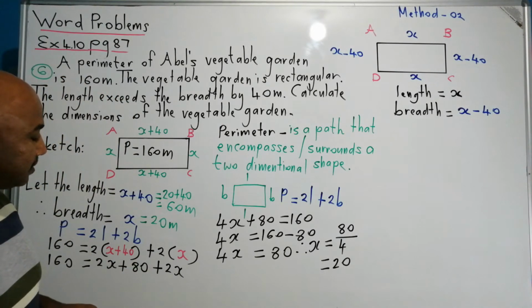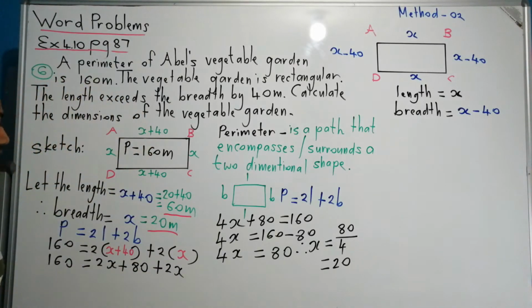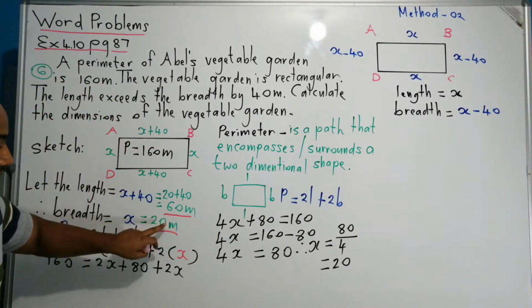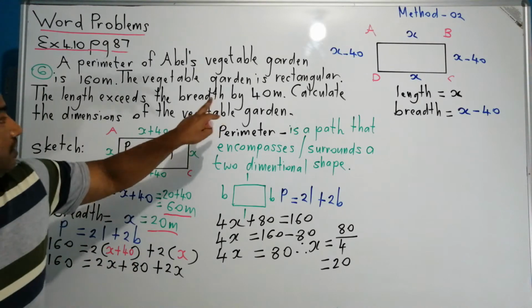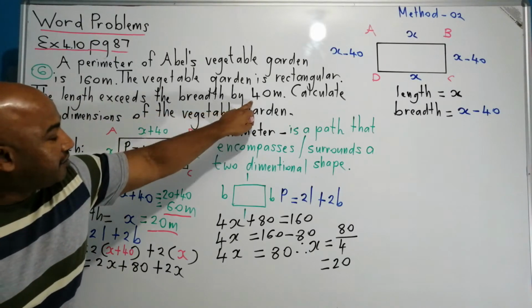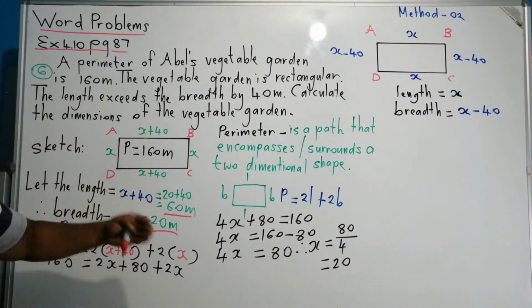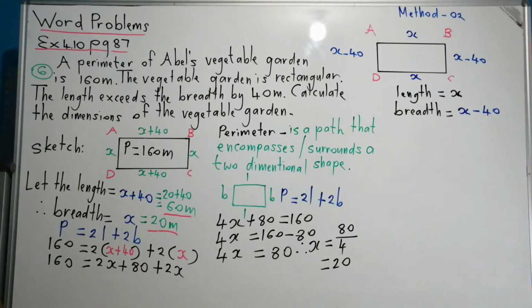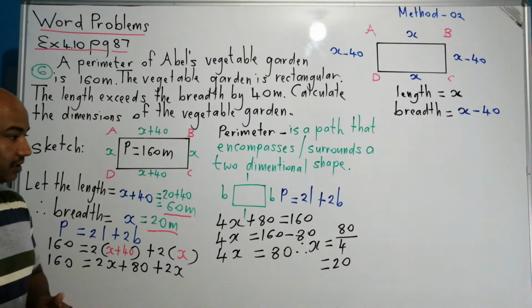So check your answer. The length exceeds the breadth by 40. You can see that was the statement there. Here's a 20 is the breadth, and the length is 40 more, which is 60. Now, what is the perimeter? So, let's see if this works out now.